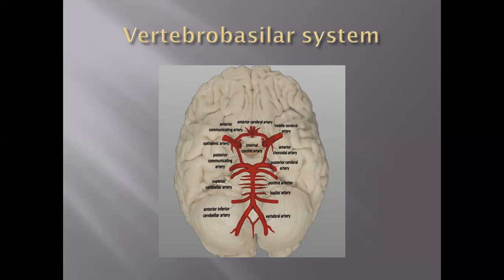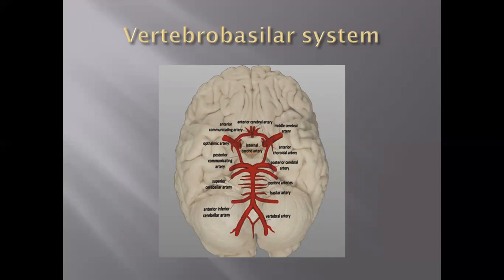and gains access to the cranium via the foramen magnum. But for it to do so, it needs to pierce the posterior atlanto-occipital membrane, and then it enters the subarachnoid space. Right.